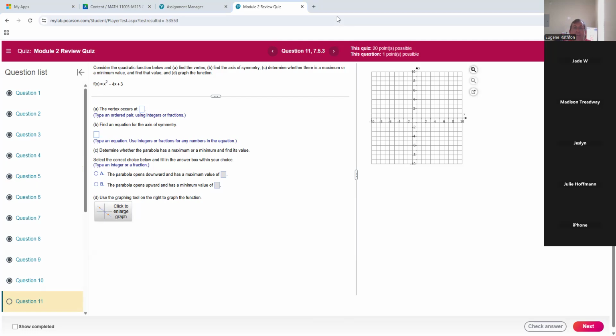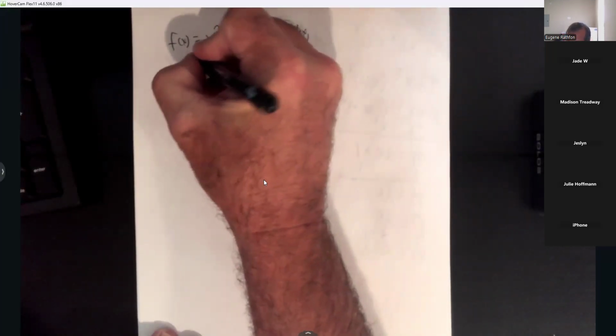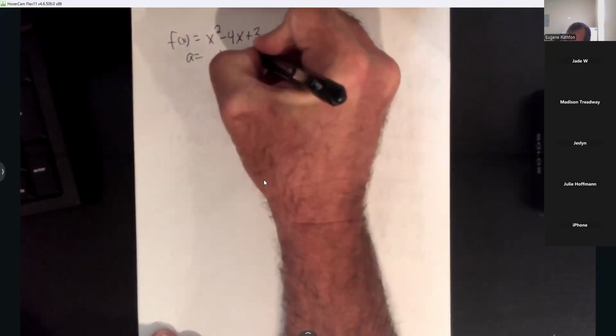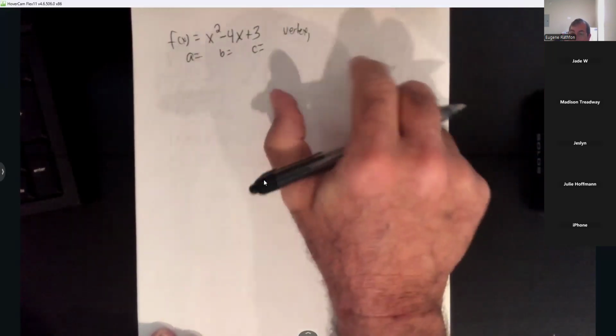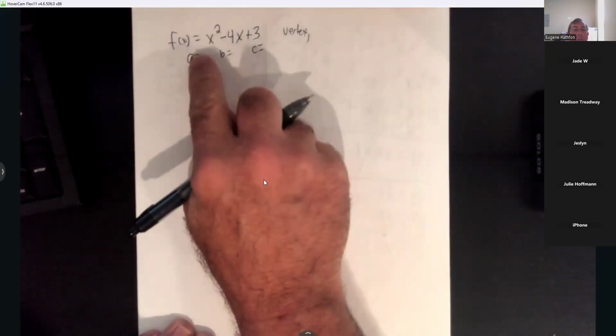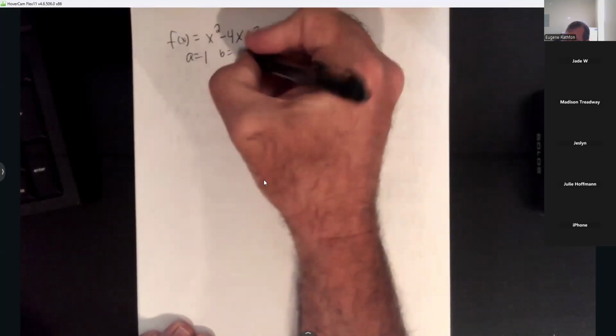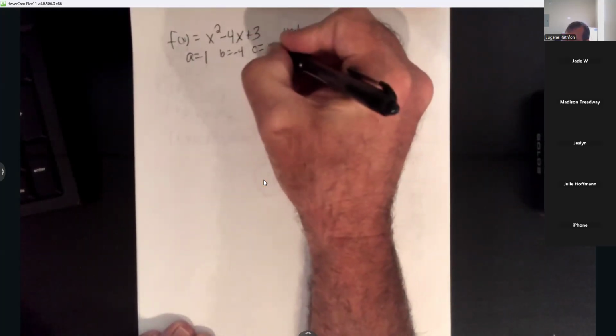All right, so I got my function down, so let me start playing with this. I want the vertex first, so remember you've got to pick out your numbers. And then I'll use that vertex formula. A is 1, since there's no number in front of the x squared. B is -4, and C is 3.